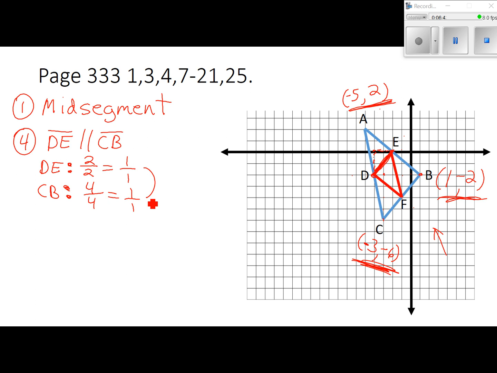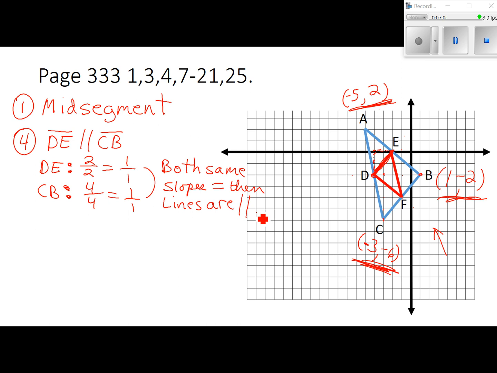Since these are both the same, that means their slopes are equal, and if slopes are equal, then that tells us that the lines are parallel.